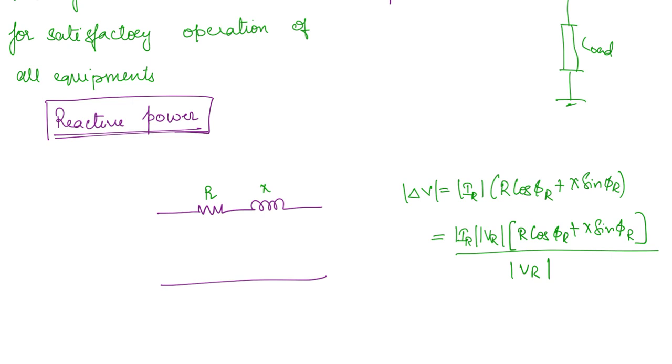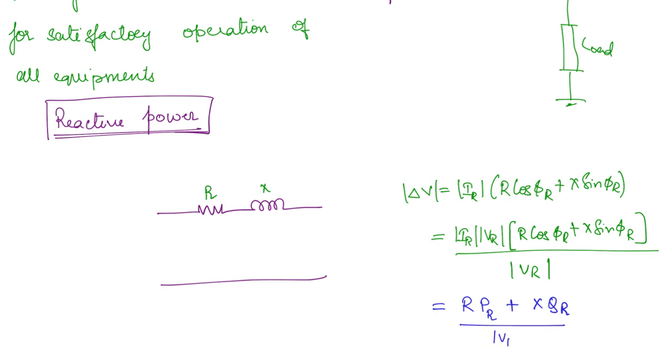This is the active power at the receiving end side, and IR VR into sin phi R is nothing but the reactive power at the receiving end side. So this expression you can write as R, resistance as it is, PR plus X QR divided by mod VR.